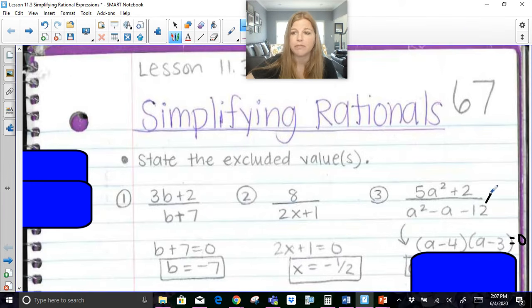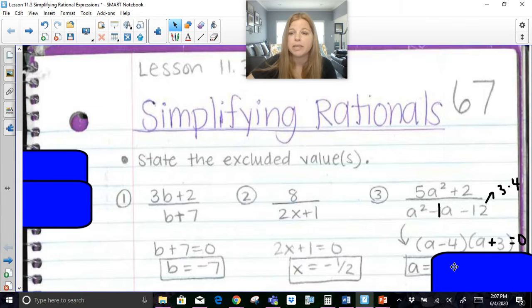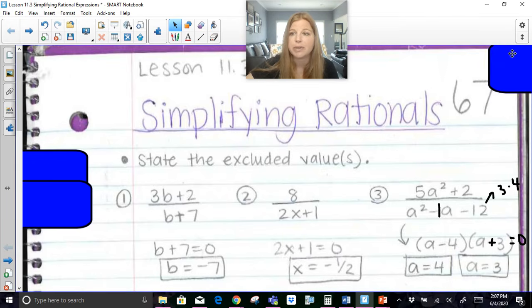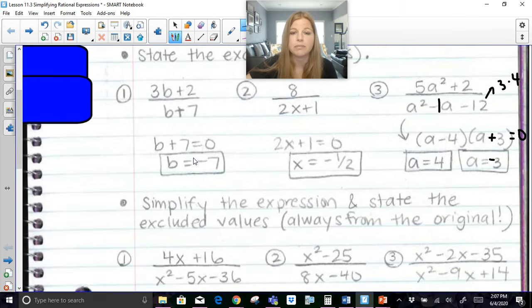Again, remember, factor pairs of 12 that are going to somehow give me a -1 would be a 3 and a 4, a -4, and it should be a +3. So then if I have a minus 4, that means my first excluded value is +4. And if I have a plus 3, that would mean my second excluded value is -3. Okay, and those are my two excluded values, 4 and -3.